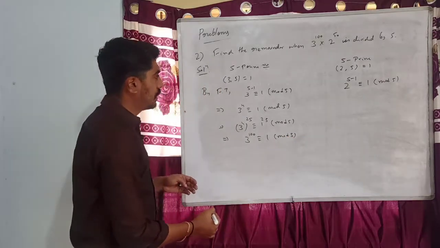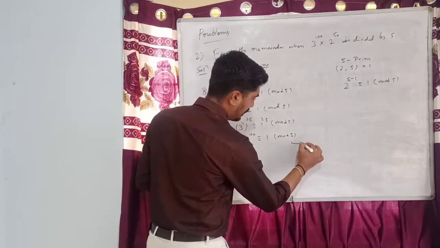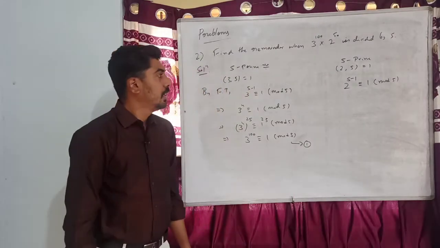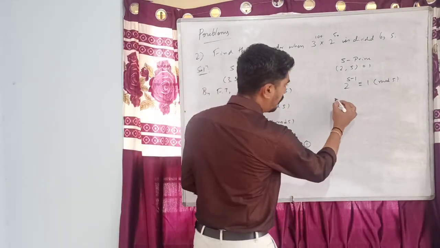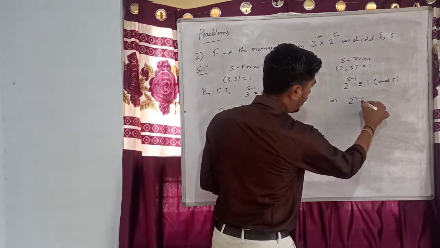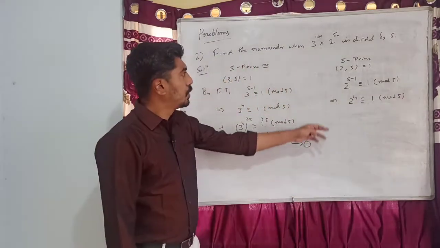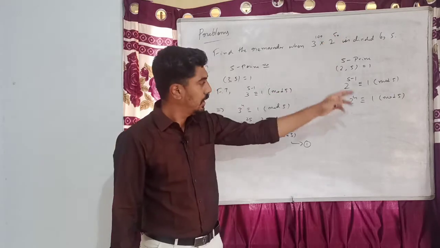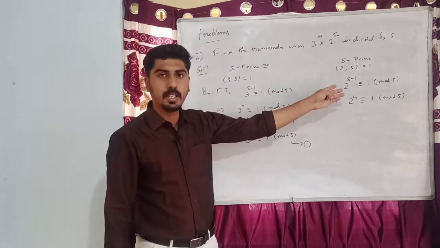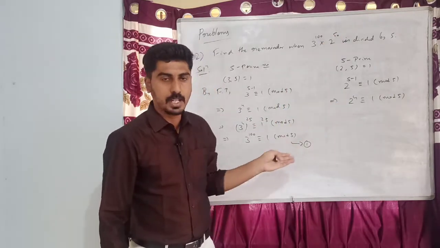Okay. So let us take this as 1. Here I get 2 power 4 is congruent to 1 modulo 5. To get 50 here, I am going to raise the power by 12 on both the sides.